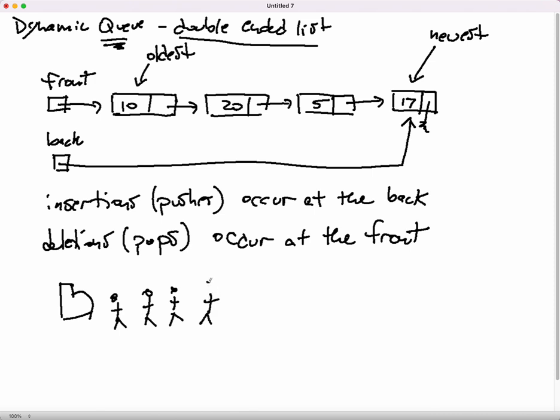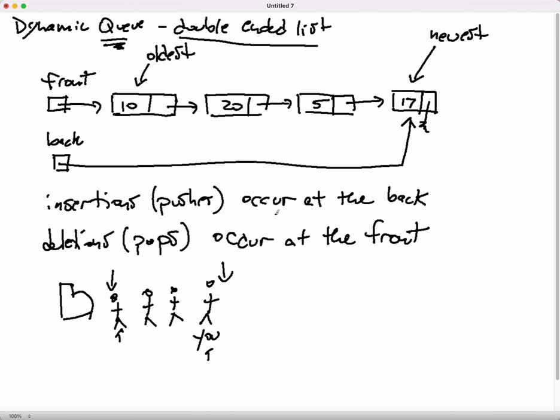You just walk up and get at the back of the line. This person's been here the longest, this person's been here the shortest, and people get removed from the front, and people get added in the back.